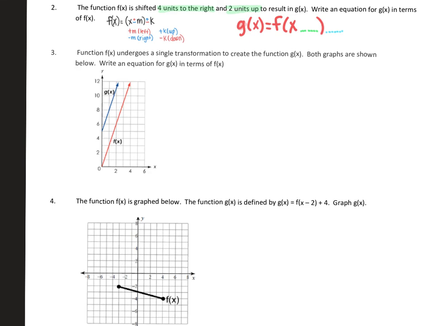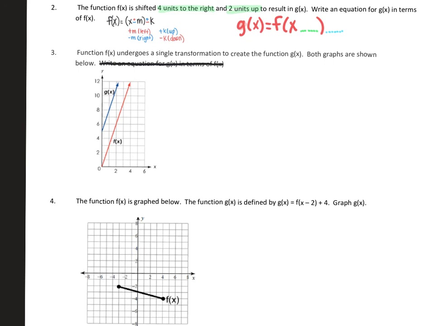Number 3, function f of x undergoes a single transformation to create the function g of x. Both graphs are shown. Write an equation for g of x in terms of f of x. So I do not want you to write an equation. However, I want you to tell me what the transformation is.